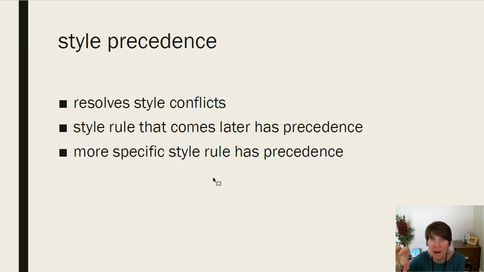It'll decide that the paragraph is more specific than the body. So that rule will win. And if there's some text inside the paragraph, like a strong text, and that's set different than the paragraph itself, well, then that section of text is more specific. So that style will take precedence. And that's how you identify a more specific style rule.